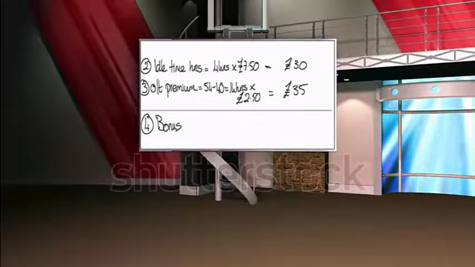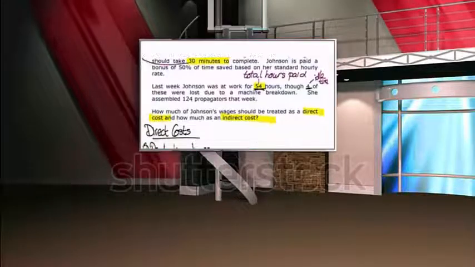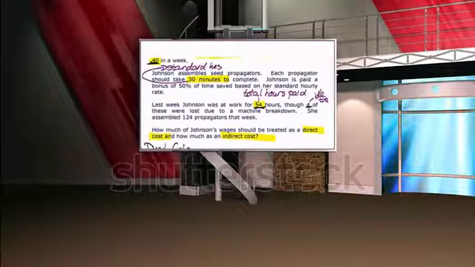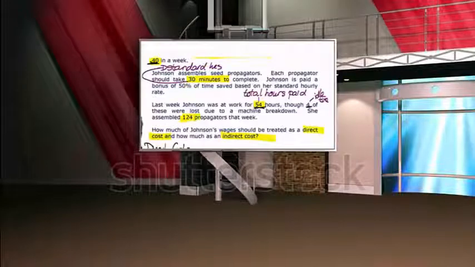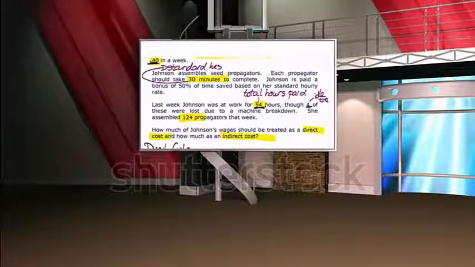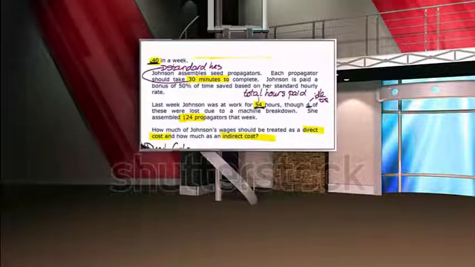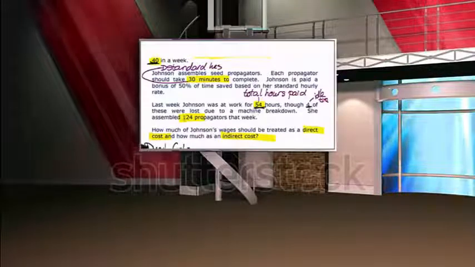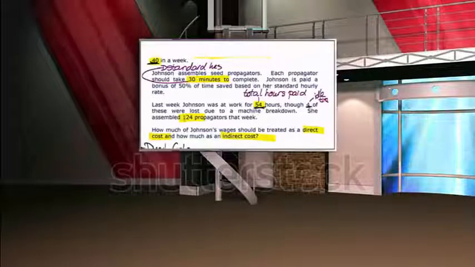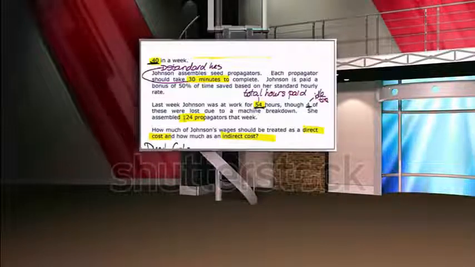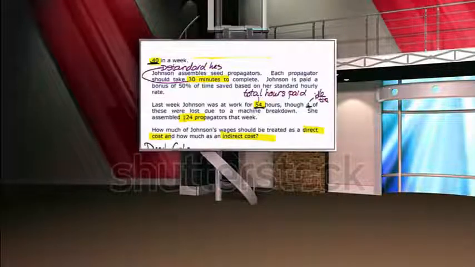If we look back at our exercise, we were told that Johnson assembled 124 propagators that week. We were also told that the standard time for each propagator should take 30 minutes.